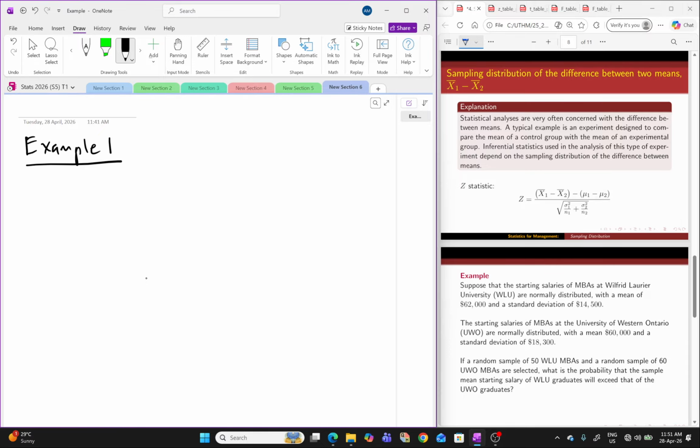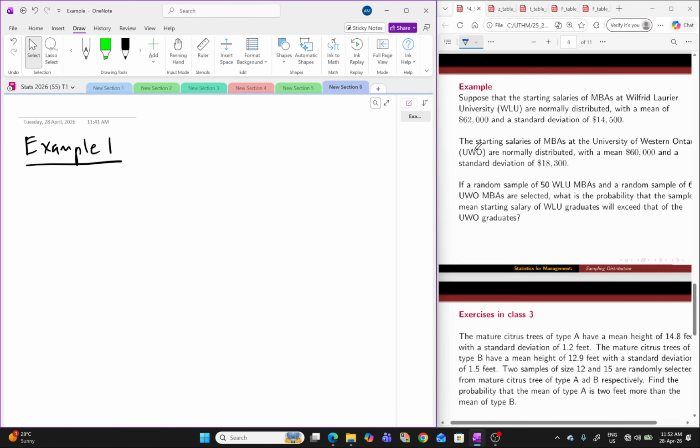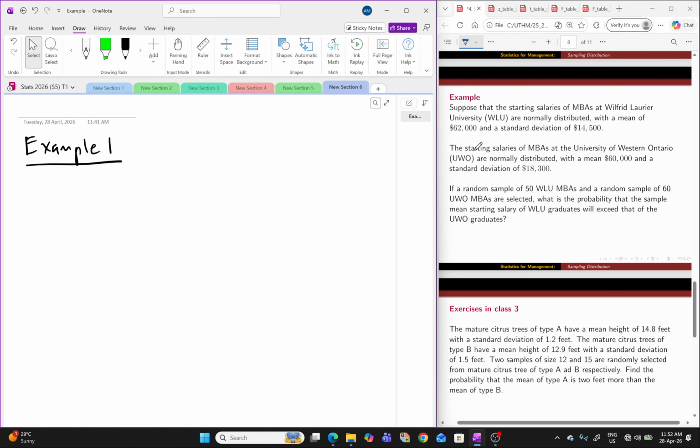Example 1 here for two sample size. Look at this example here. Suppose that the starting salary of MBA Wilfrid Laurier, WLU, are normally distributed with mean and standard deviation.